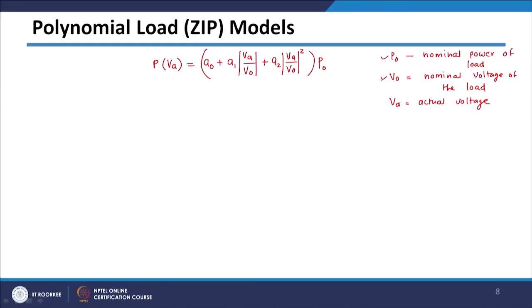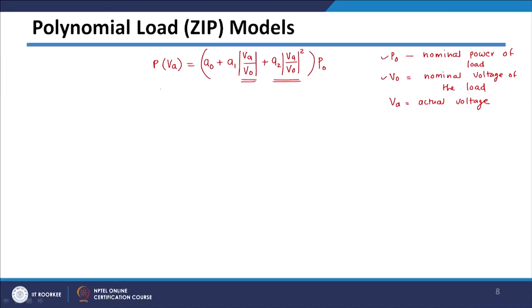In this case you are already considering all three types of load. A0 multiplied by P0 represents the constant power load, P0 multiplied by A1 multiplied by VA divided by V0 represents the constant current load, and P0 multiplied by A2 multiplied by VA divided by V0, whole squared, represents the constant impedance kind of load.